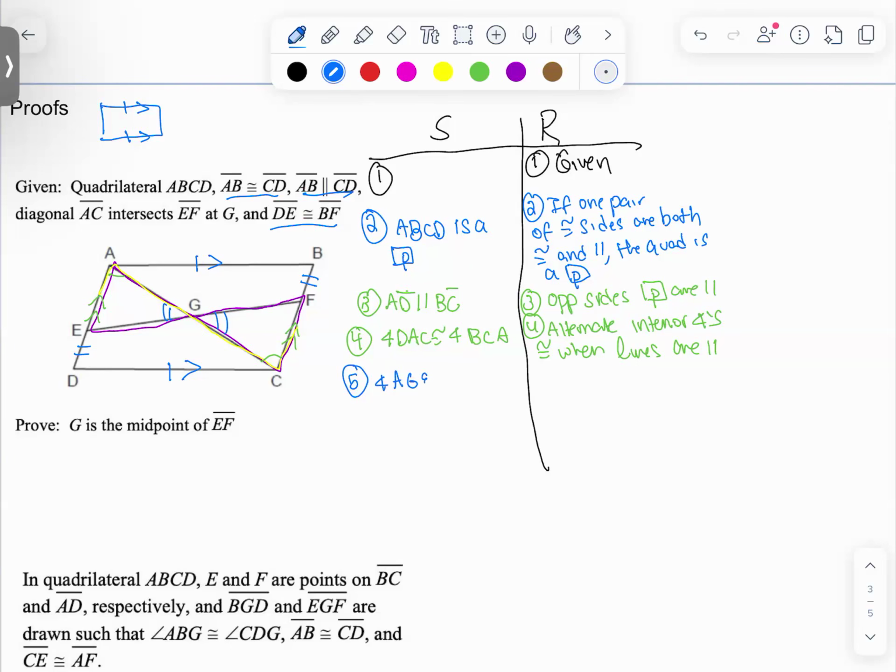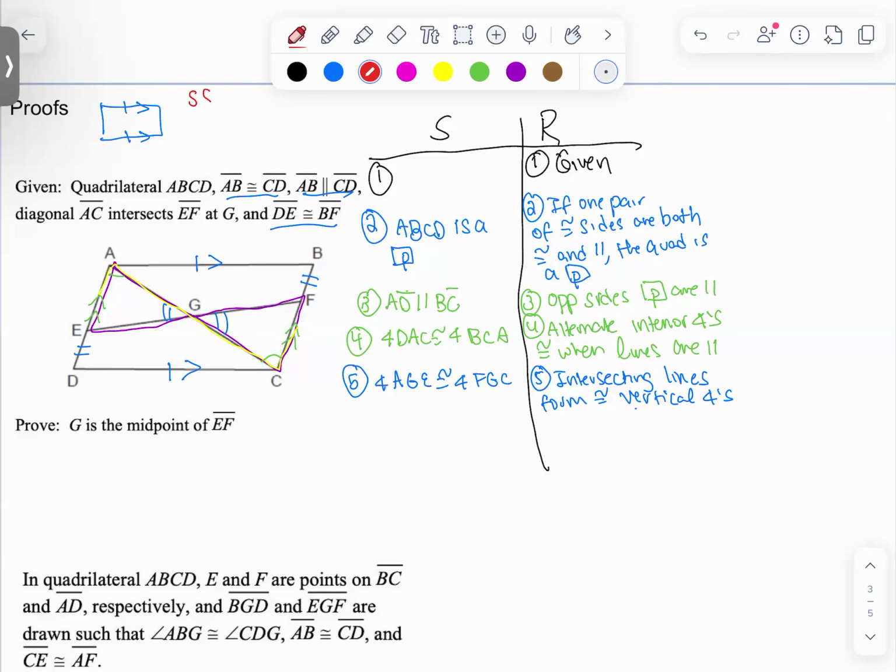Angle AGE is congruent to angle FGC because intersecting lines, anytime you have that letter X, those intersecting lines, they form congruent vertical angles. So now we have two A's, but angle proves similarity. It doesn't prove congruence. So we do need a side.